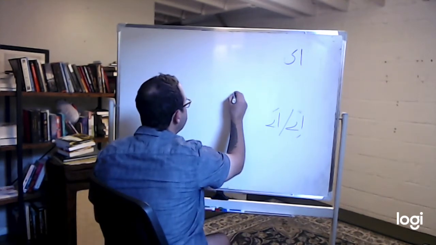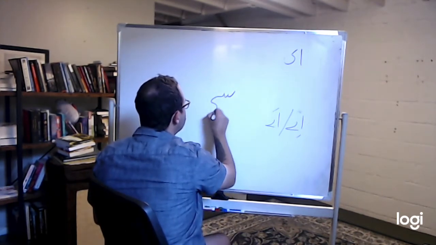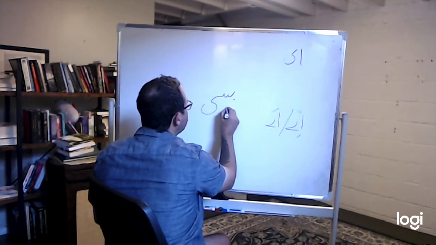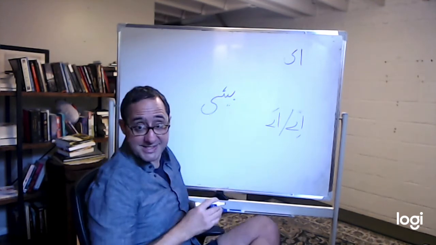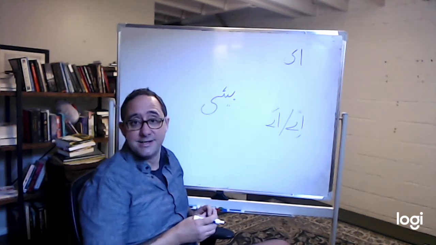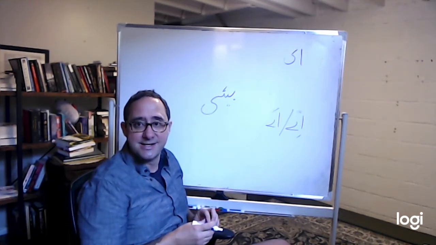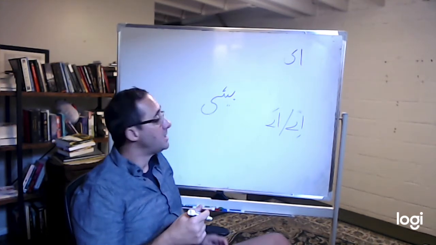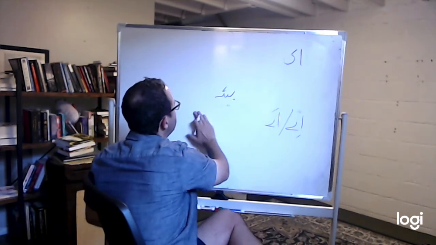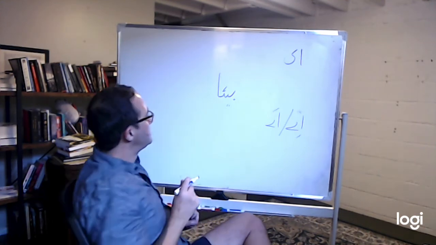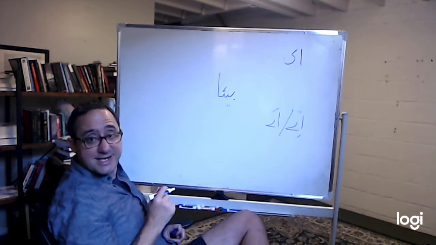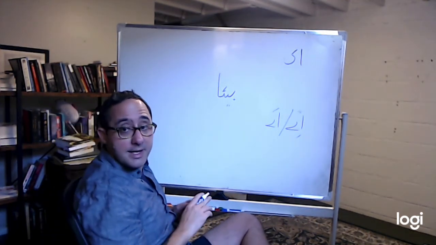Beti, beti. B, E, ta, that's the retroflex T, E, beti. This means daughter. Beta means son. Hai.